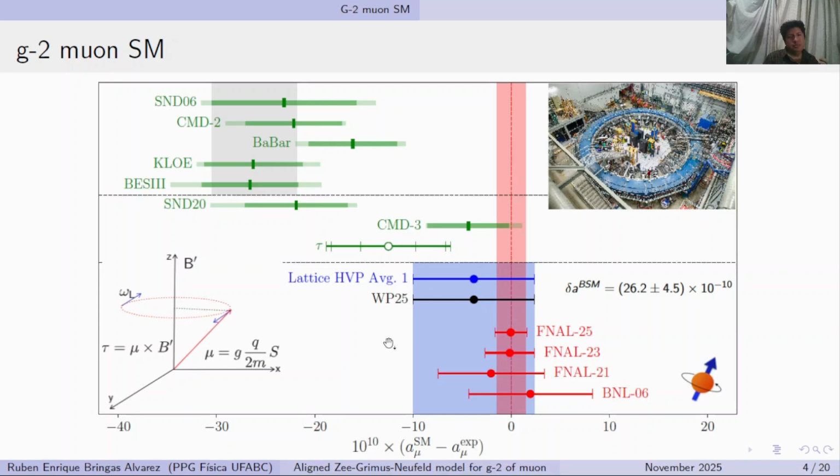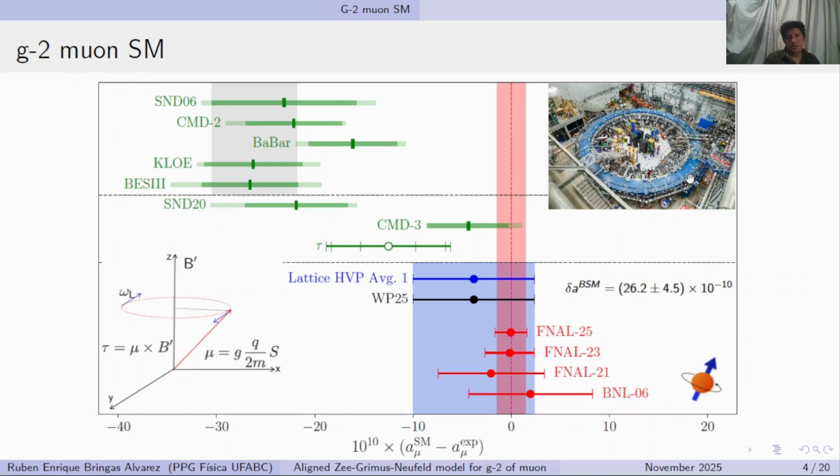But we have an update, the white paper 2025, that uses other methods. The white paper doesn't use this dispersive method; it uses something called lattice hadronic vacuum polarization. With these methods, the theoretical value is near the experimental one, and we don't have any discrepancy anymore.